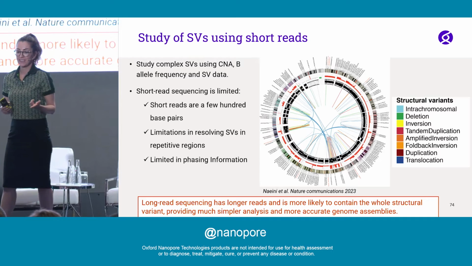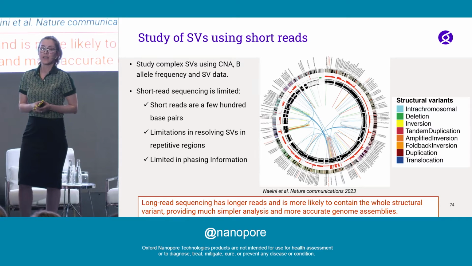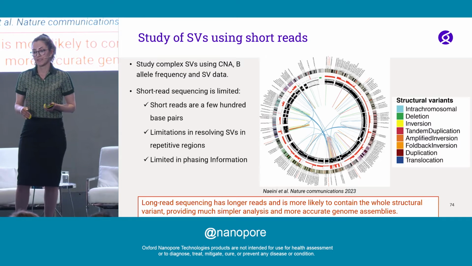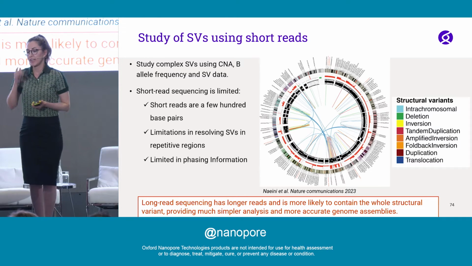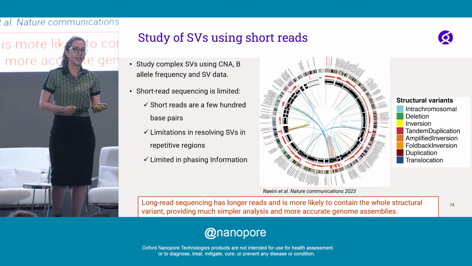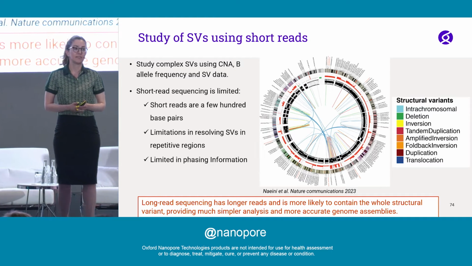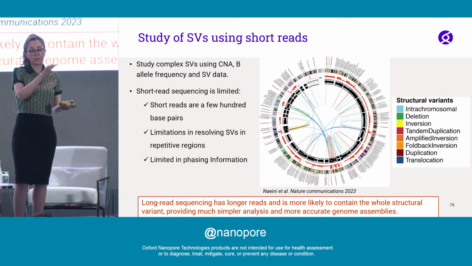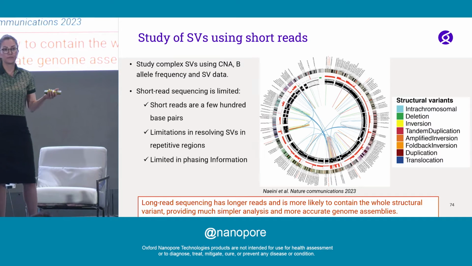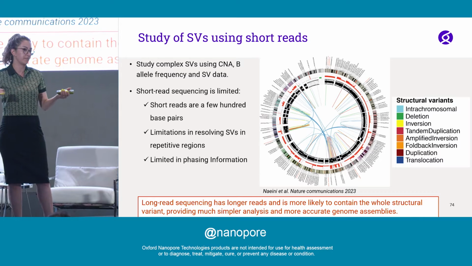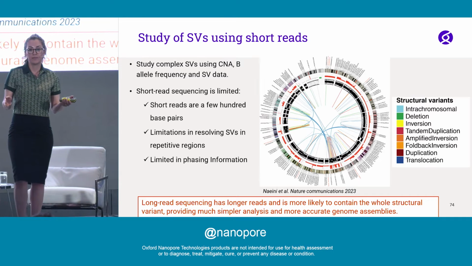The thing is, short-read sequencing is limited, because reads are just a few hundred base pairs. They have limitations in resolving SVs in repetitive regions, and also limitations in phasing information. With long-read sequencing, because we have longer reads, they cover a longer range of the region where the structural variants are located.